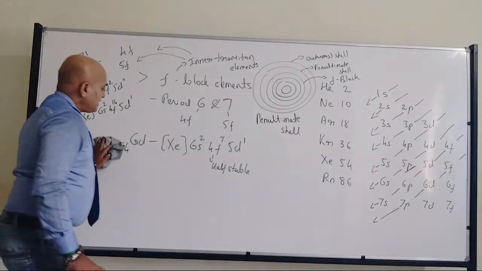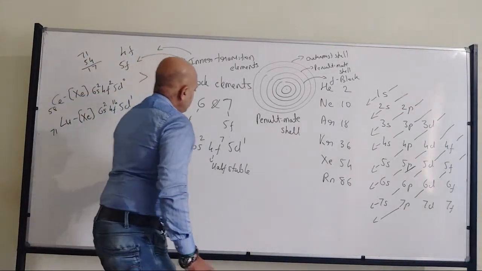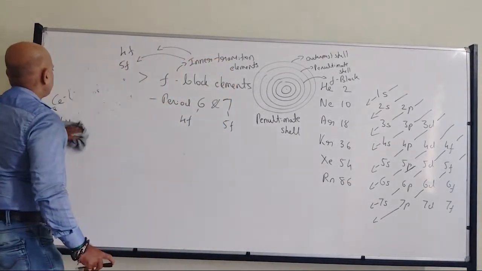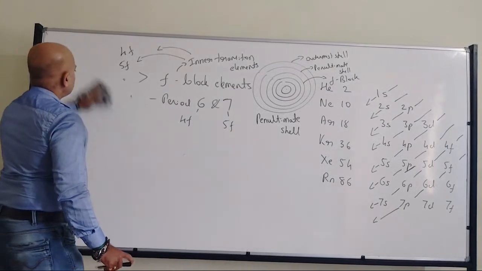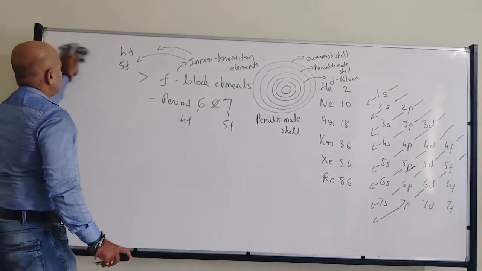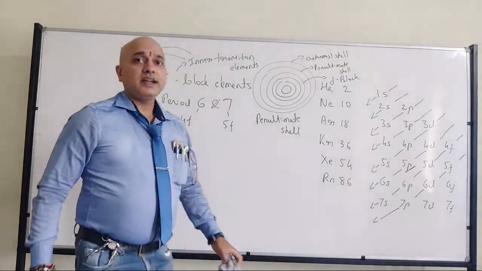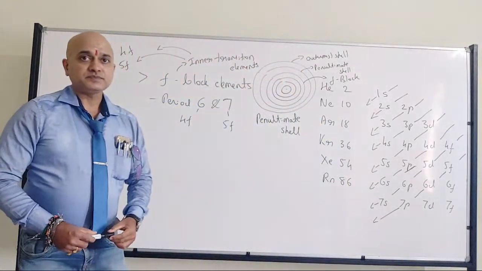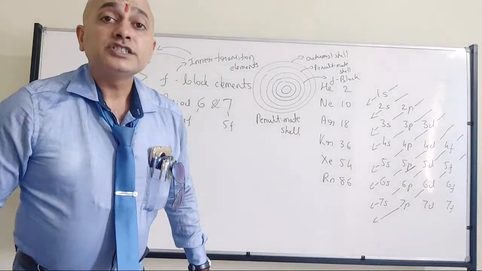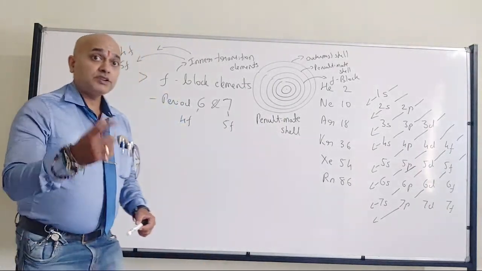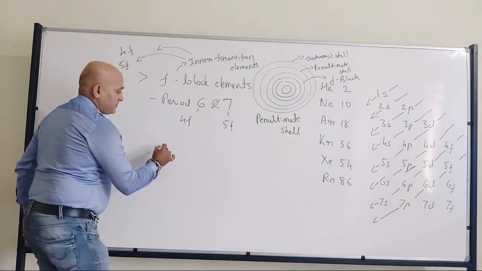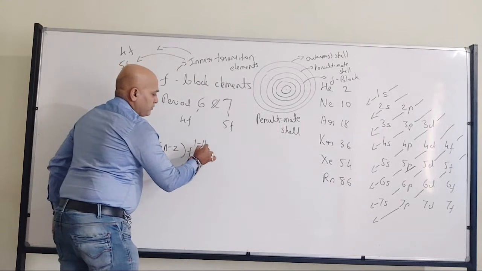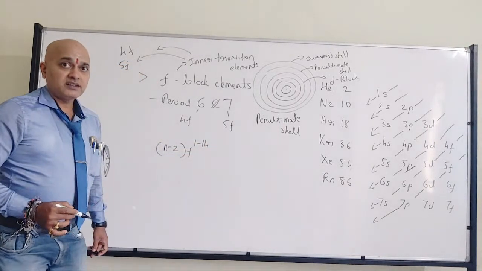Fine. So in that case, can you tell me what should be the general electronic configuration for f block elements, that is inner transition elements? What can be the general electronic configuration, that is the outer electronic configuration? It can be (n minus 2) f 1 to 14, right?